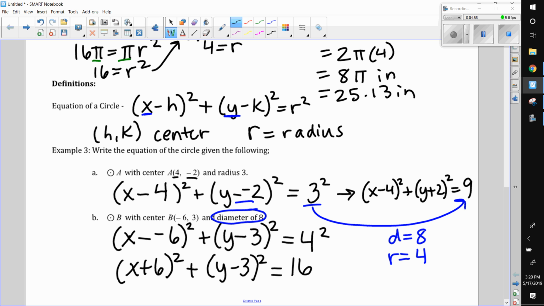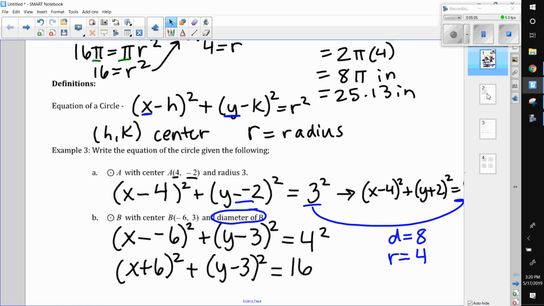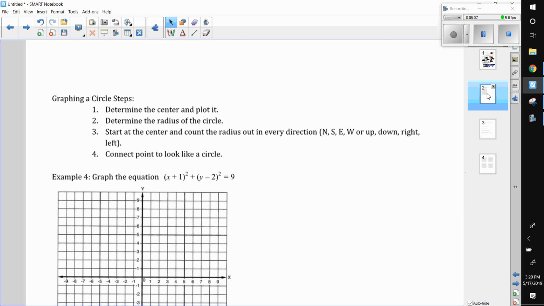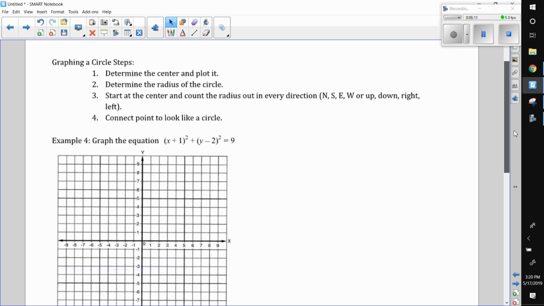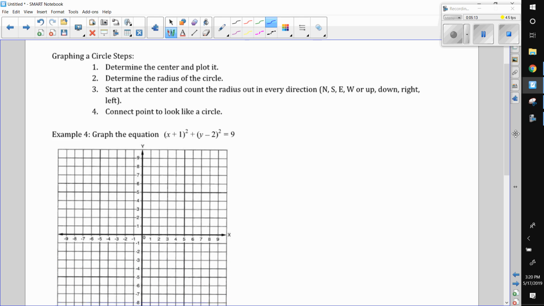So that's how we write the equations. The only other thing that we have to look at is graphing the equations. If you turn over to the next page, you've got your steps. Determine your center, and from your equation that's going to be your h comma k, and plot it.